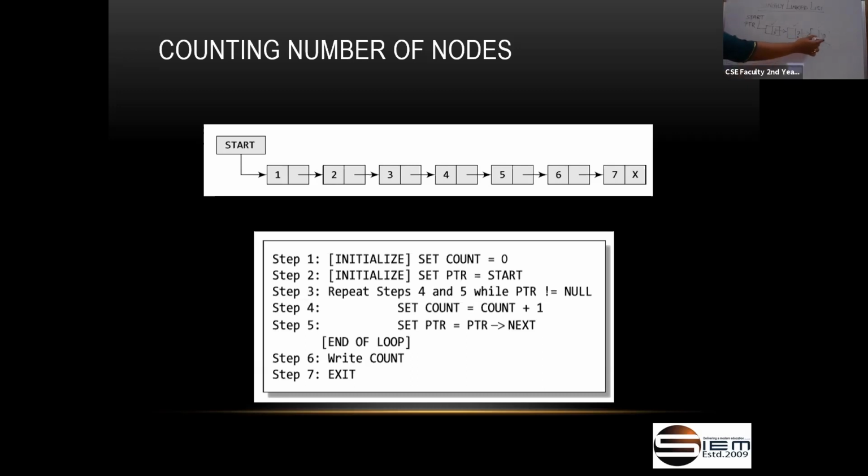And when it goes to the next part, it will see that it is null. So this condition breaks, because this loop will run till pointer is not equal to null, but now the pointer will get null. So this will break. Finally, end of loop and then write count. Write count means print count.